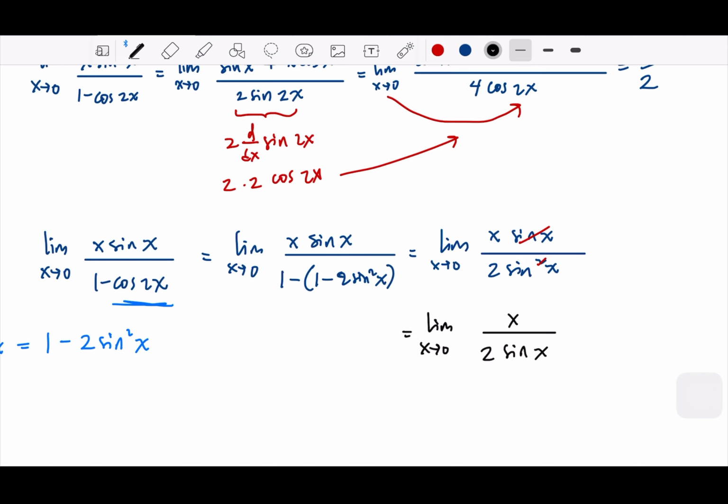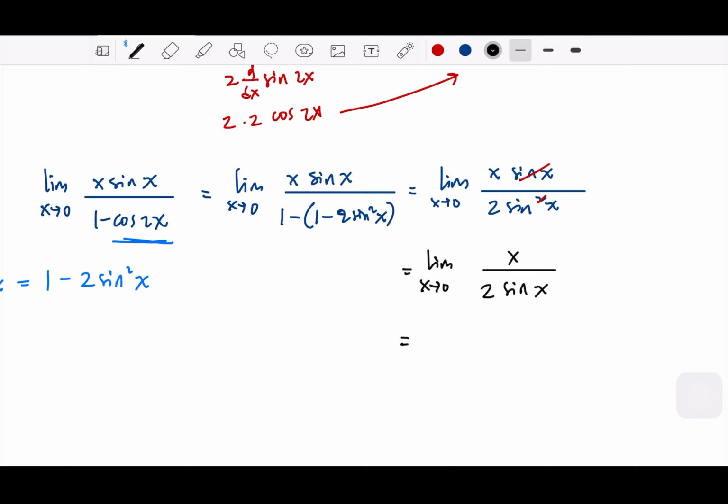Well, if you get this, remember that we can rewrite this in terms of, let me factorize 1 over 2 outside here, and we have x over sine x, right? X over sine x we can write as 1 over sine x over x, which is equal to 1, right? And our answer is still the same, 1 over 2.